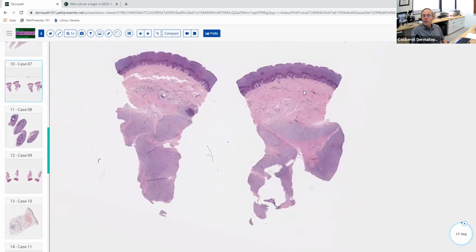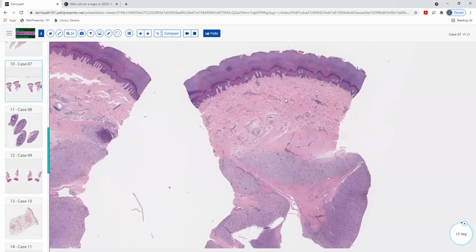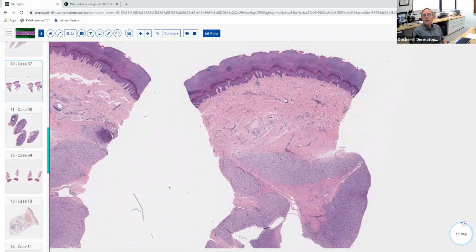Now, if we saw a couple of hair follicles in here, would that be volar skin? I would think maybe scalp, or, I know that there's some hair on the back of the hands. Yeah, it really wouldn't be volar skin because we don't have any hair follicles there unless you're maybe a gorilla or something like that.